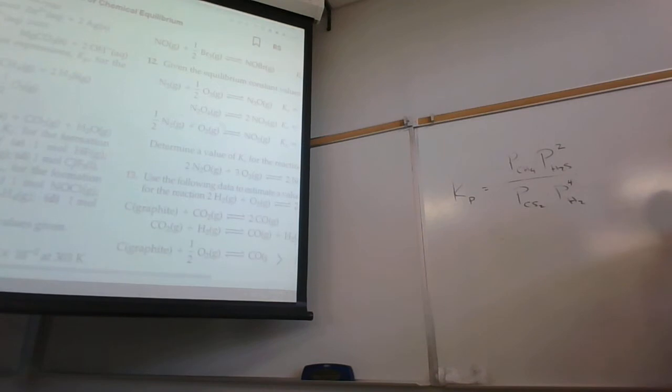Silver is a really hard metal to oxidize, but let's say I have silver solid plus 1/2 O2 going to silver oxide solid. What would Kp for this be? Yeah, that's good. It's 1 over the partial pressure of O2 to the 1/2.